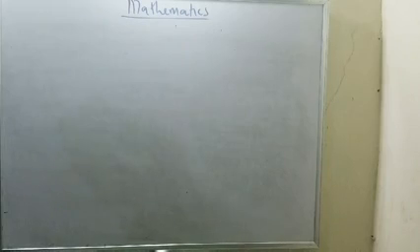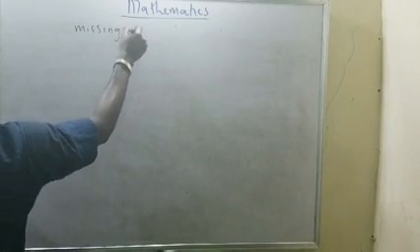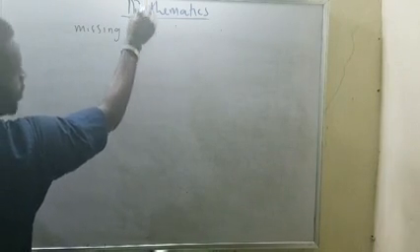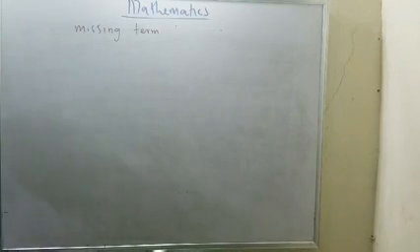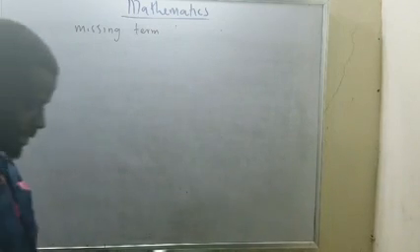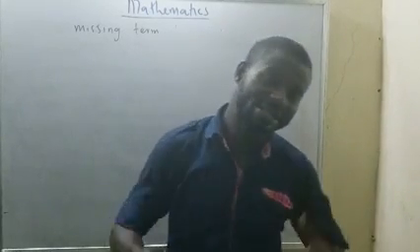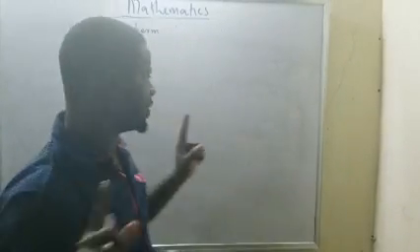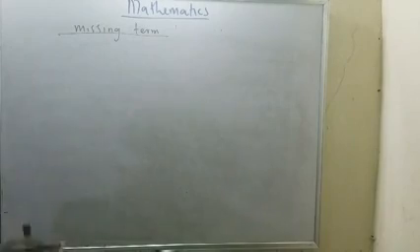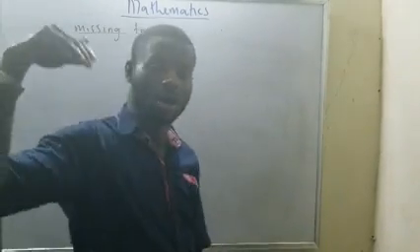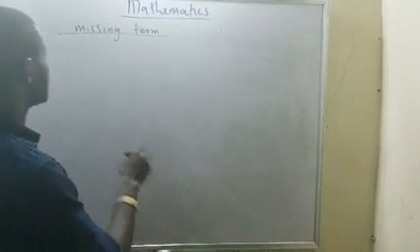I've explained earlier that the common difference will tell us whether it's an AP or a GP. But when something is missing, you have to understand the logic behind the common difference.